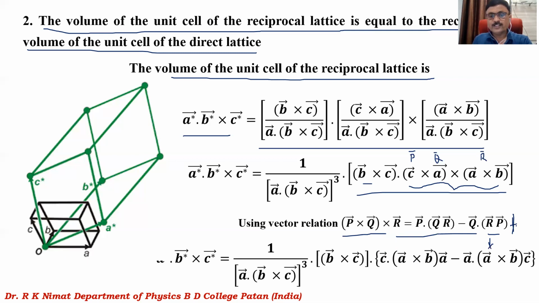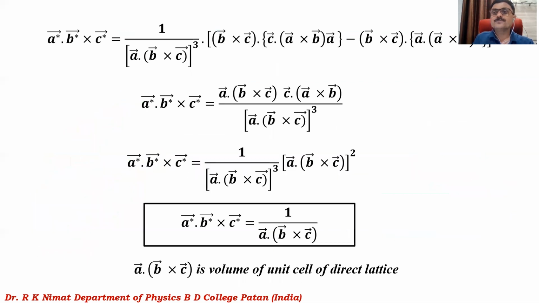So we can rearrange the terms as vector A star dot vector B star cross vector C star is equal to 1 upon the cube of vector A dot vector B cross C, into this vector B cross vector C into this vector C dot A cross B into A, minus vector B cross vector C into A dot vector A cross B into this C.